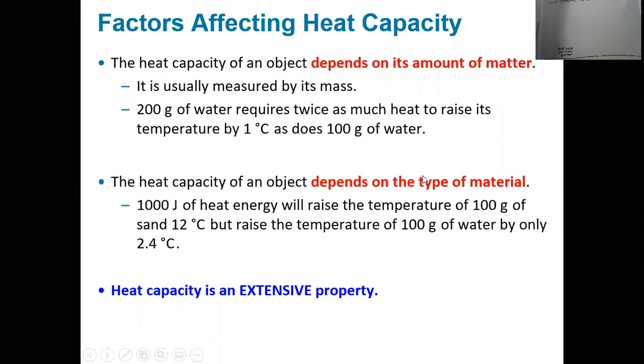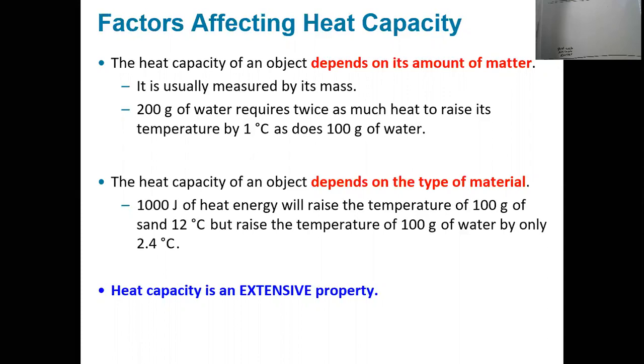Right? So the heat capacity is going to depend on the amount of material, and we usually measure heat capacity by mass. The only thing that it's going to depend on is the amount and the type of the material. So both of those things.